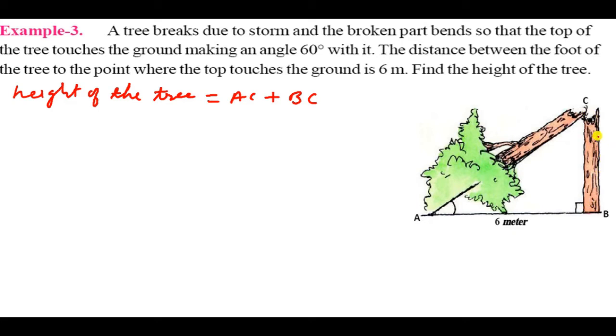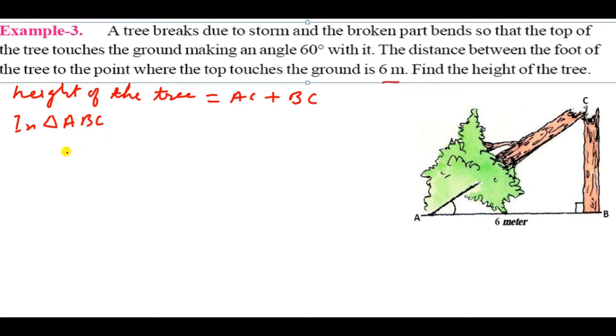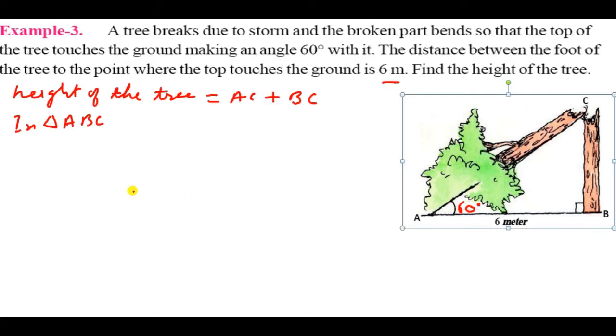Now in triangle ABC, first of all, we see this angle is 60 degree. Now in triangle ABC, first of all we want to take cos 60 degree. So taking cos 60 degree, what will happen? Cos is the base upon hypotenuse. So we can say it is AB upon AC.